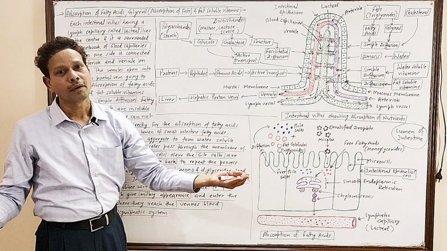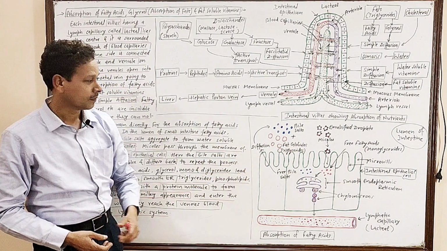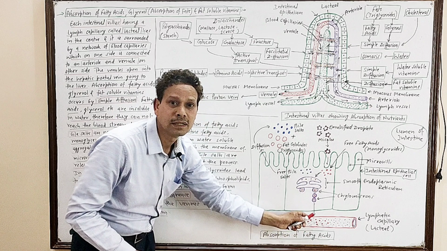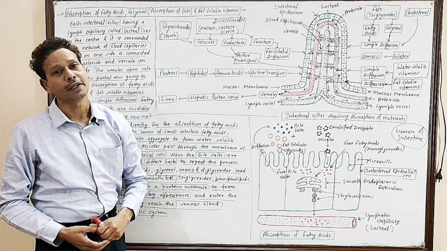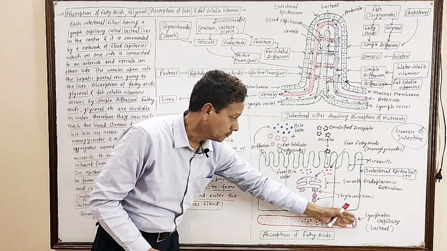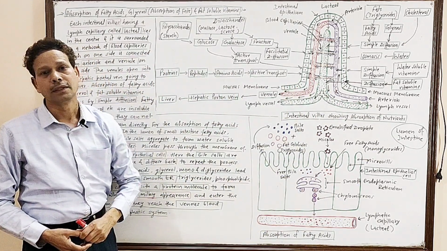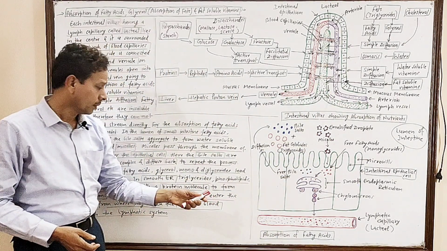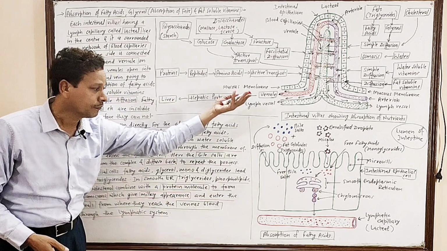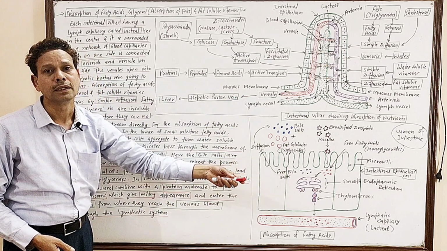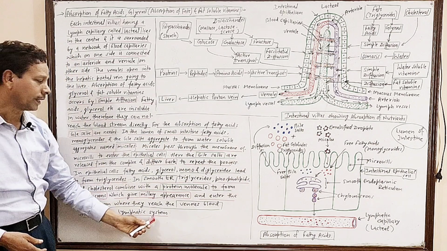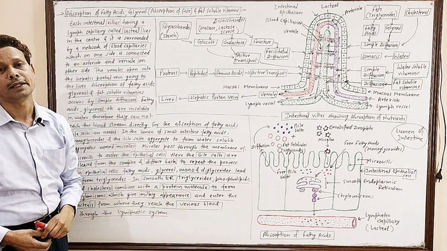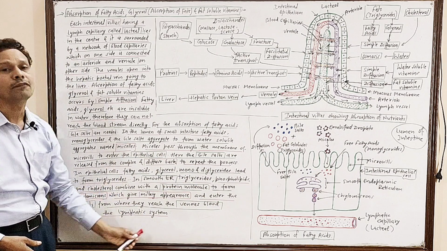These are milky substances, and these chylomicrons enter the lymph vessels, the lacteals. Finally, the lymph vessels carry these fat-soluble vitamins and fats into the venous blood through the lymphatic system.